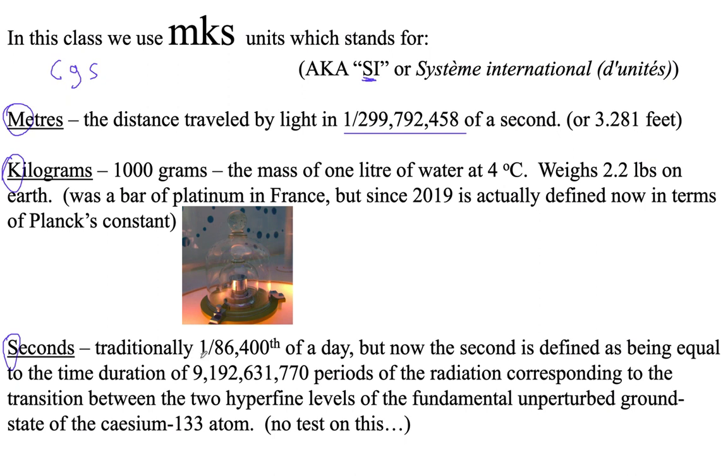And then a second used to be, if you divide a day into 24 hours, there's 60 minutes in an hour and 60 seconds in a minute. If you multiply that together, you get 86,400. It used to be defined in terms of that. But the problem is that the Earth's solar days are not constant. The Earth speeds up and slows down a tiny amount, but enough that we can't really use that as a constant.